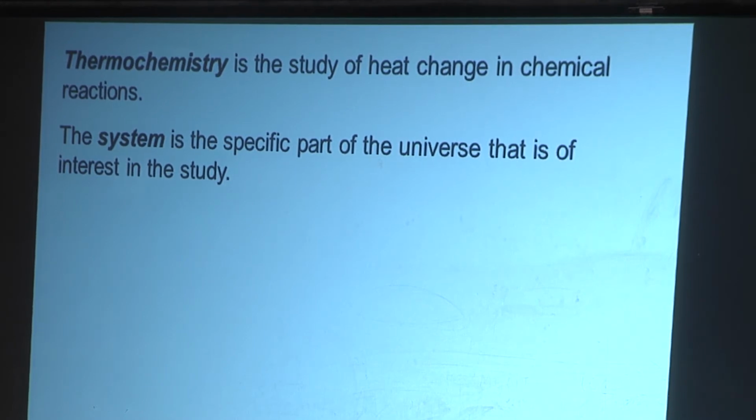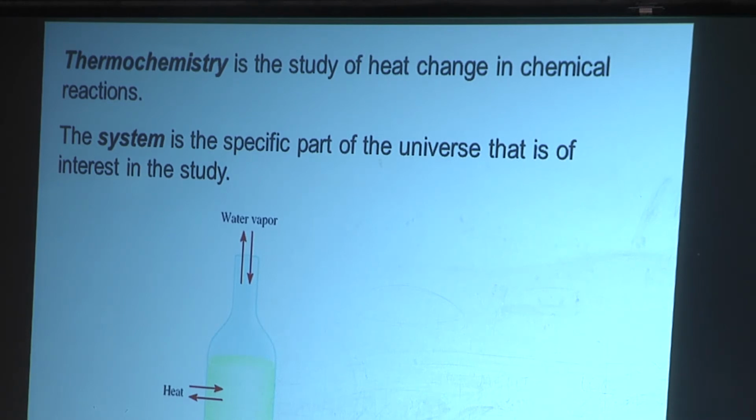So we have to be very specific about what the place or the item is that we're considering. And so thermochemists talk about a system. The system is the specific part of the universe that you're studying. If you're studying a glass of water, the system is the water, or the glass of water.